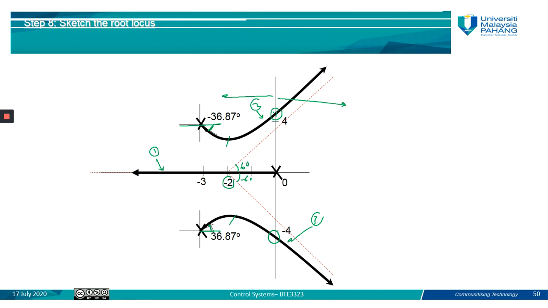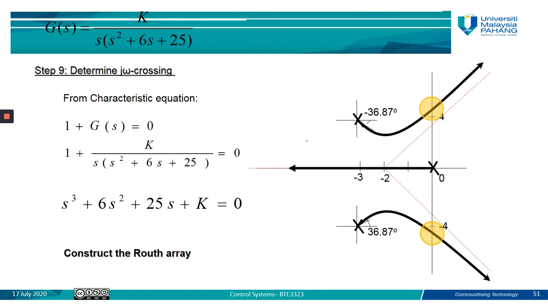We are going to write the characteristic equation. This is our transfer function, and here is our characteristic equation, which is s cubed plus 6s squared plus 25s plus k equal to 0.